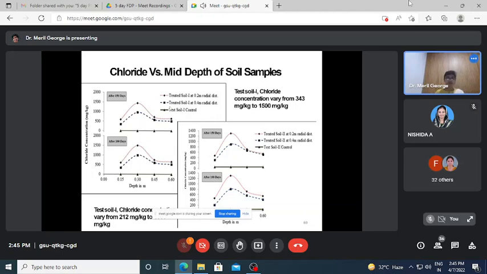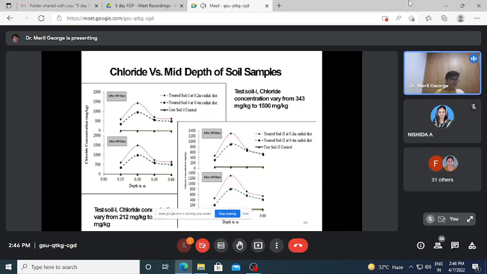Here we have collected soil at 4 different depths, that is 150 millimeter, 300, 450 and 600 millimeter, and at 2 radial distances of 200 millimeter and 400 millimeter. The dotted red line shows the variation of soil at 20 centimeter radial distance, the dashed line gives the result at 40 centimeter radial distance, and the continuous line is the value of control soil.